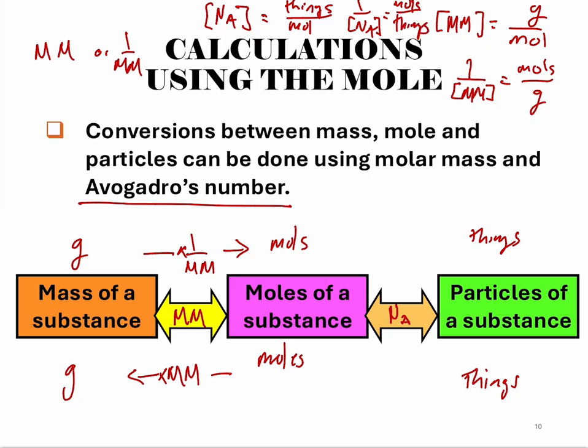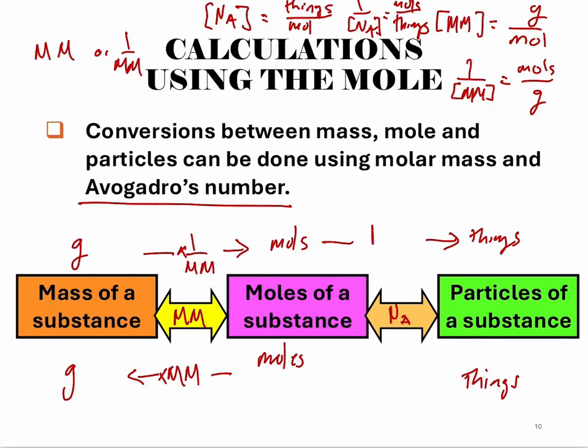And so if I start with units of moles, and I want to go to units of things, or number of things, what should I do? Multiply or divide by Avogadro's number? What do I want in the numerator?